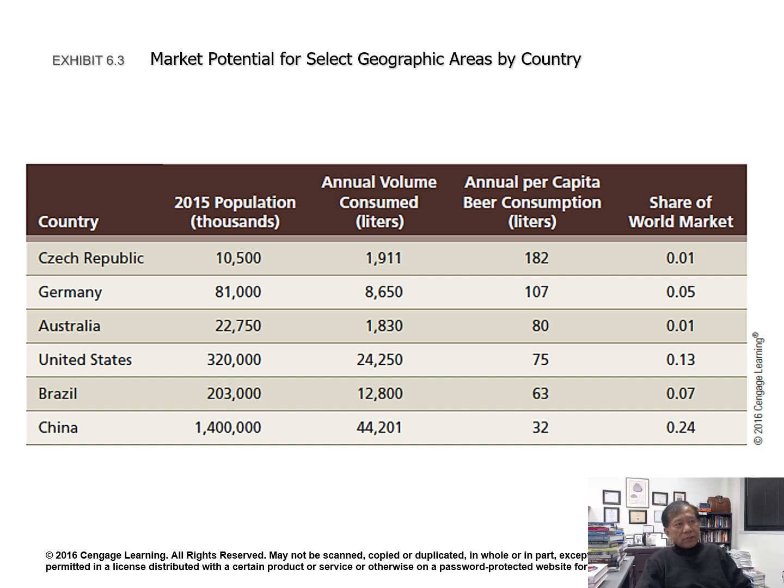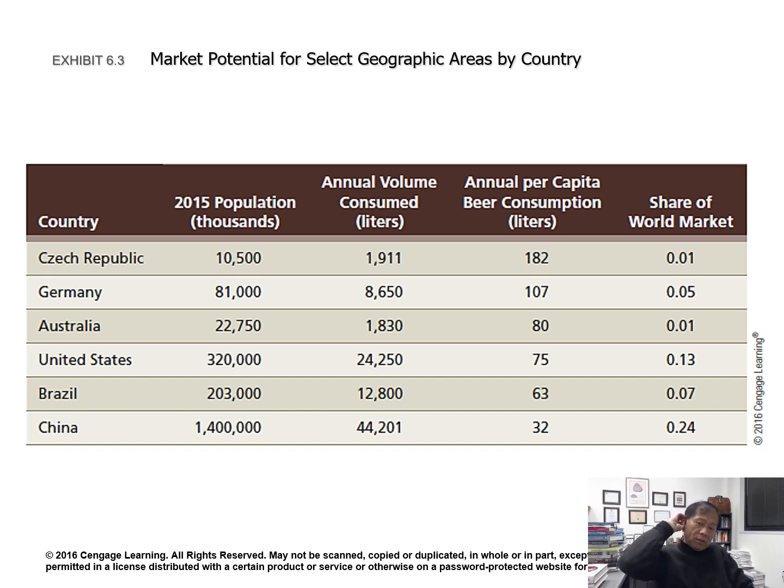Then you can use this to compare the share of the worldwide market. Which country has the highest share of the worldwide market? Even though Americans are not drinking that much, only 75 compared with 182 by Czechs, our share of the worldwide market is 0.13, or 13%.